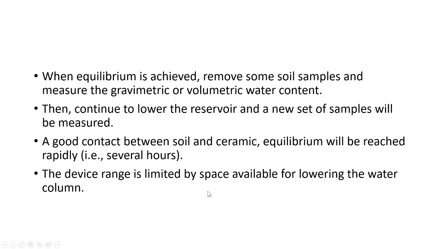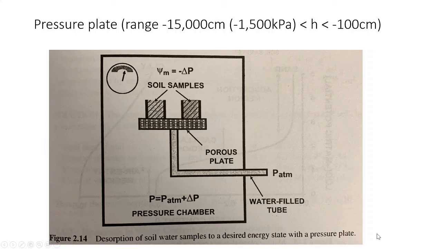Okay. So here is a pressure plate. A pressure plate can measure between negative 10 kilopascal and negative 1,500 kilopascal. The pressure plate has a porous plate, and you put a soil sample on top of it, and of course the soil sample is saturated with water.